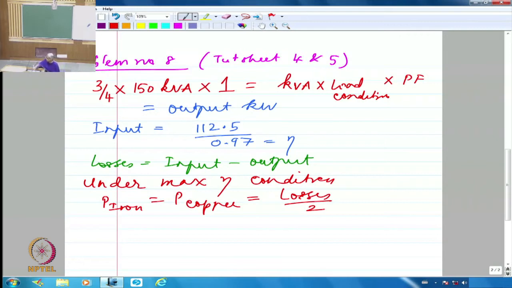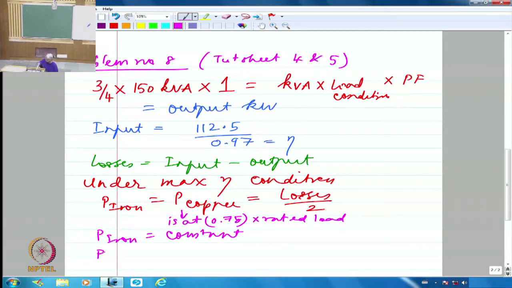But please note, this copper loss is at 0.75 times rated load. Right? Because we already said the maximum efficiency occurs at 75% of rated load. So P iron is a constant, not a problem. But P copper at rated load will be whatever I am getting here.